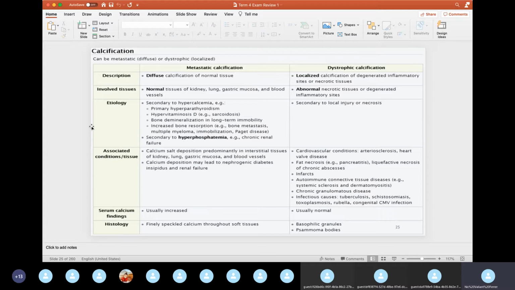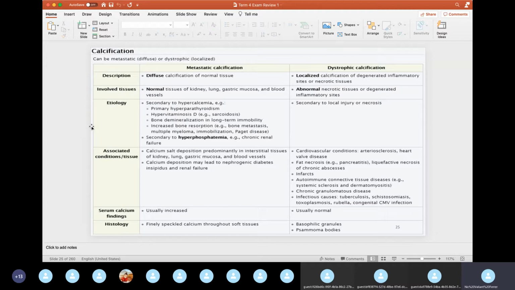Dystrophic calcification, localized calcification, can be seen in local injury or necrosis. What happens to calcium? Normal calcium. What can we see in histology? Psammoma bodies and some basophilic granules. How about metastatic calcification? This is diffuse calcification of what? Normal tissues, secondary to hypercalcemia.